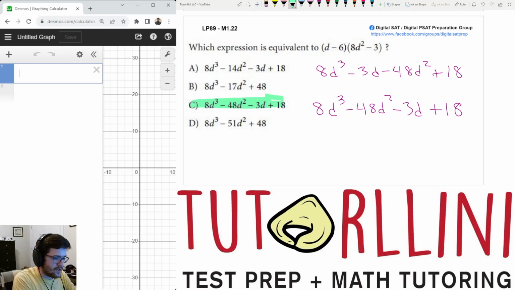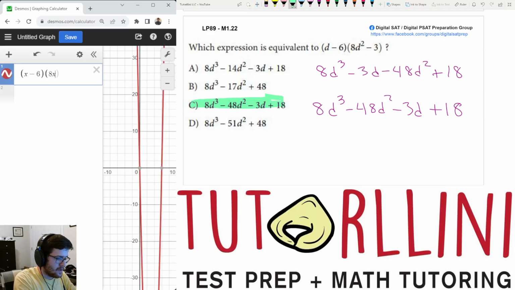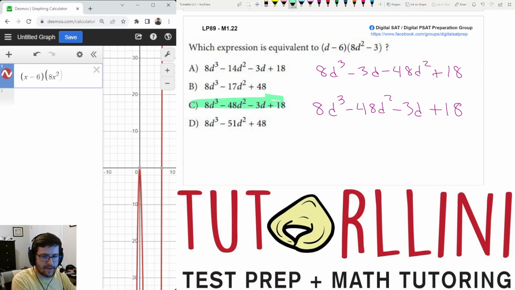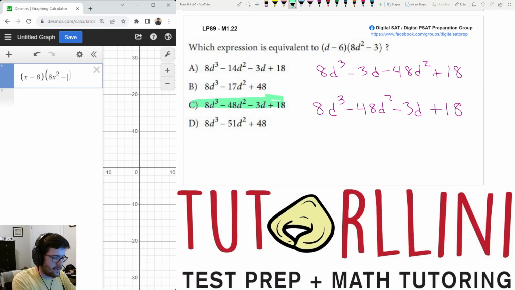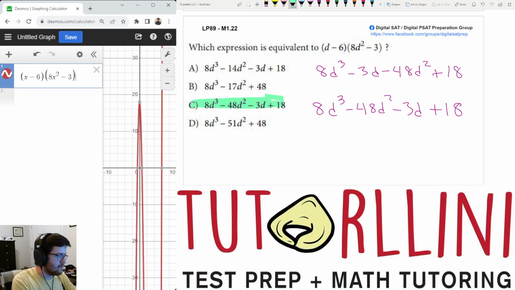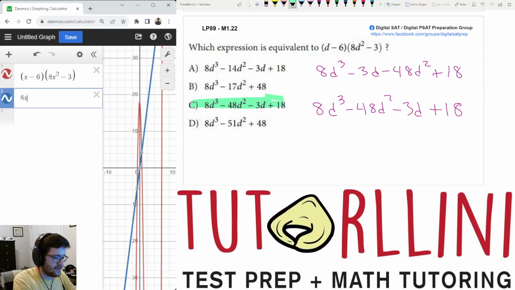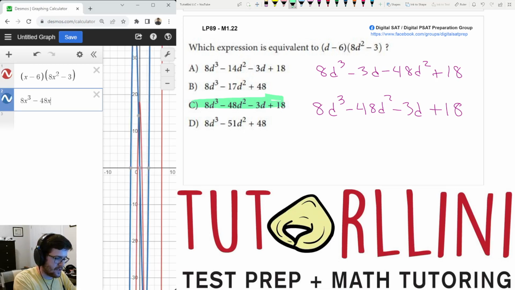what you can do is you can change the letter to X and then graph it, and you could see which one perfectly replaces it. So why don't I just do the correct answer, C? You could do the other ones on your own if you want. 8x cubed minus 48x squared.